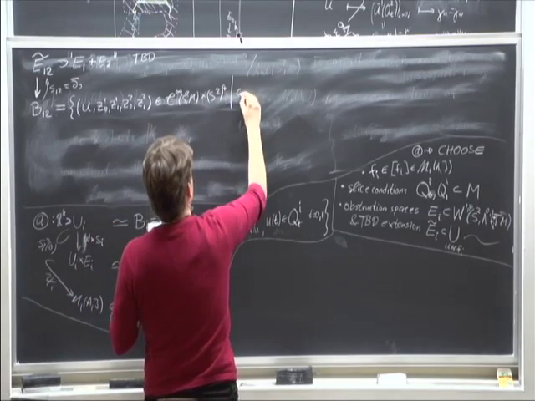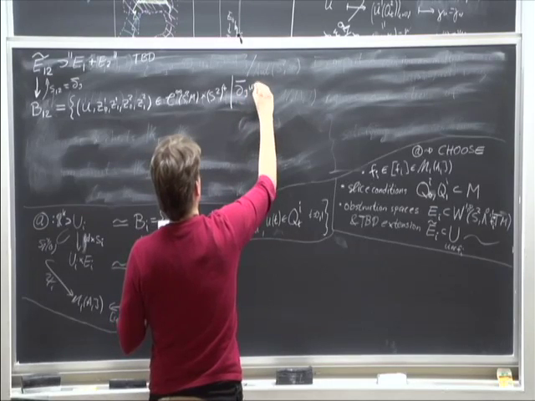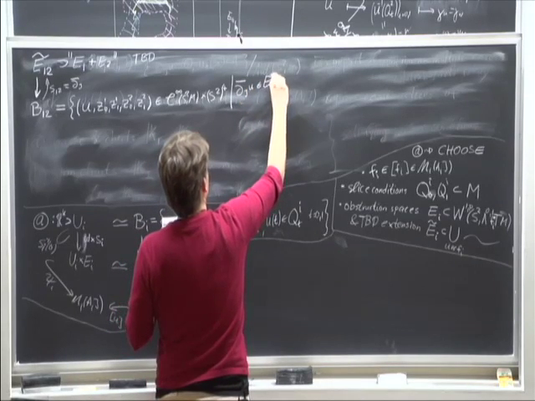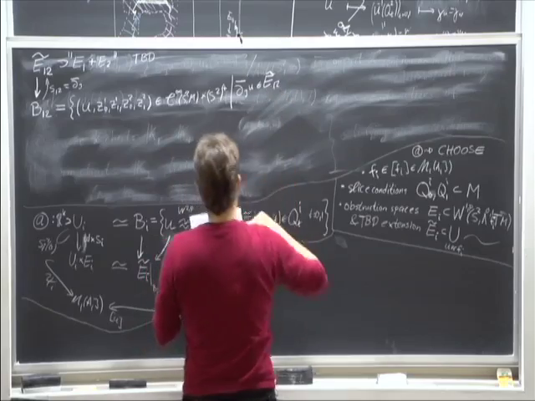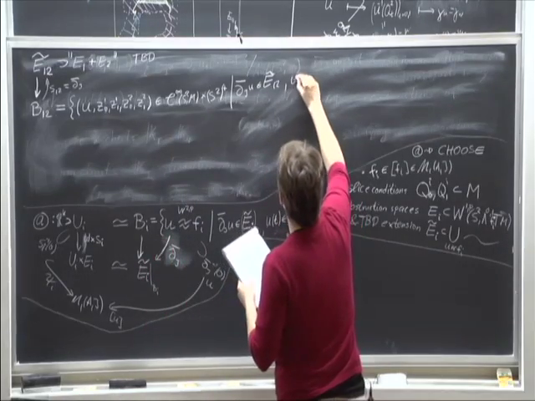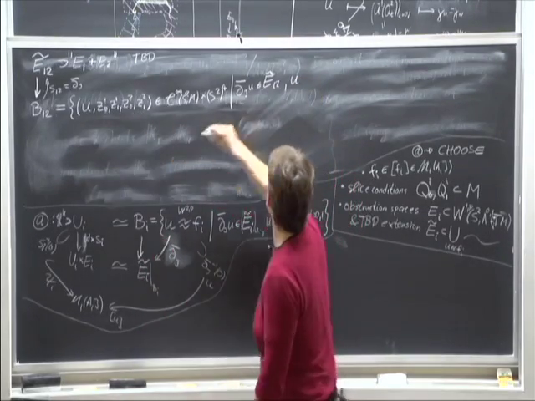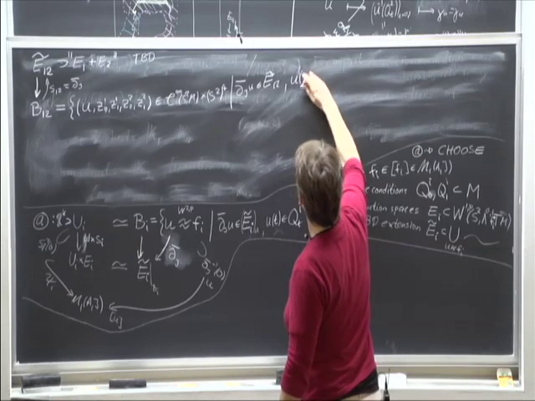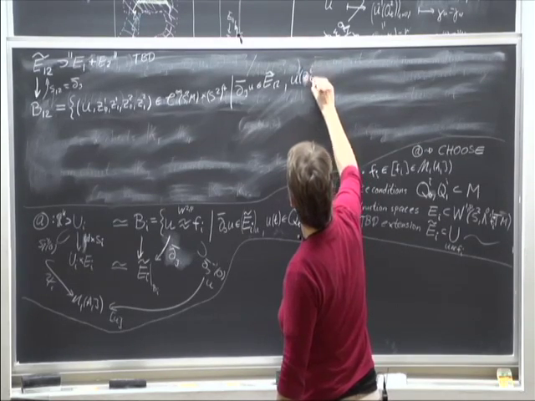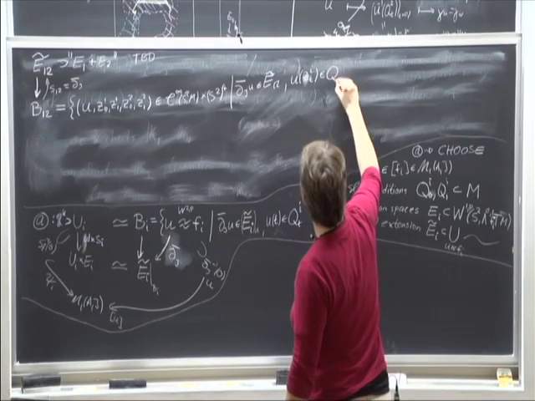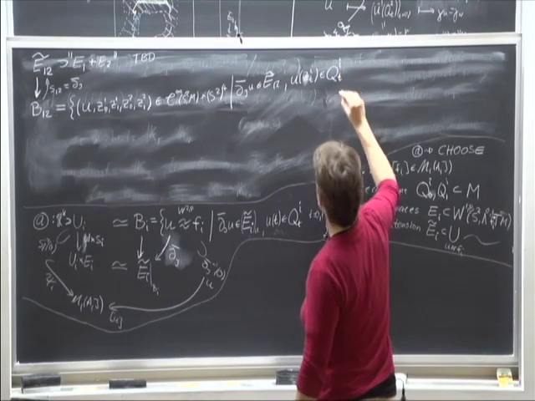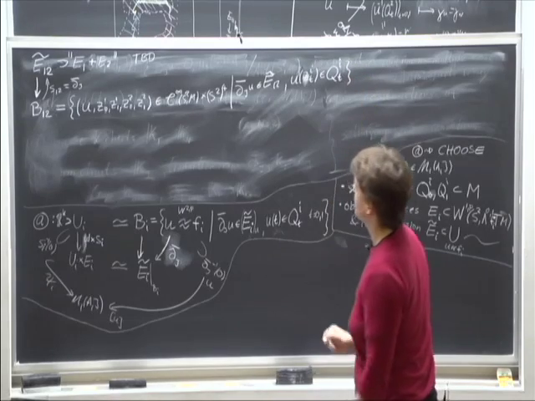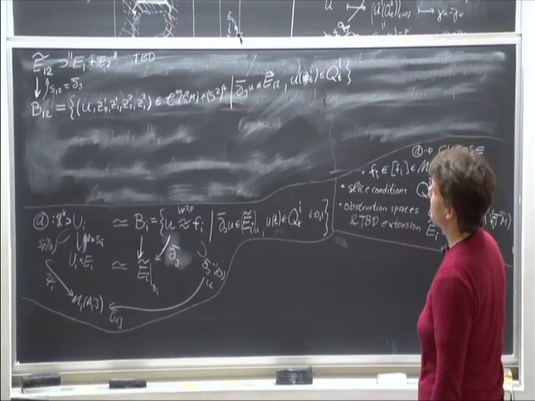And I would like this to somehow be perturbed holomorphic. And I would like these marked points, U at these marked points, to lie in my slicing conditions. So that's my transverse constraints.